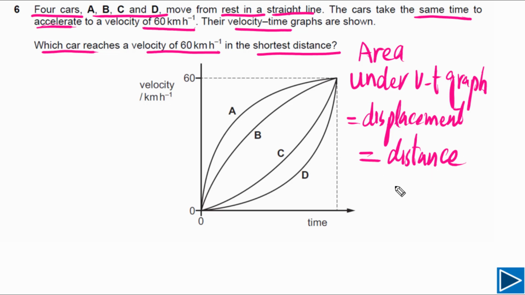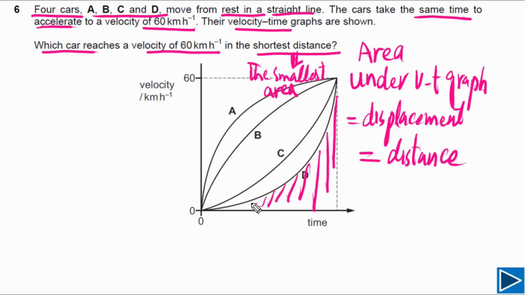The next thing we need to understand, the shortest distance simply means the smallest area. Now we need to find out the curve with the smallest area, means the VT graph for a curve which has the smallest area. So if you look at the D, this area is the smallest, so the answer is D.